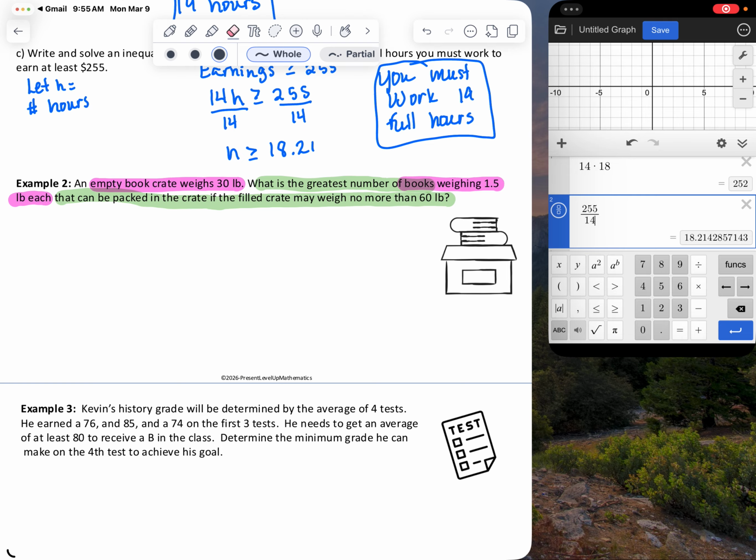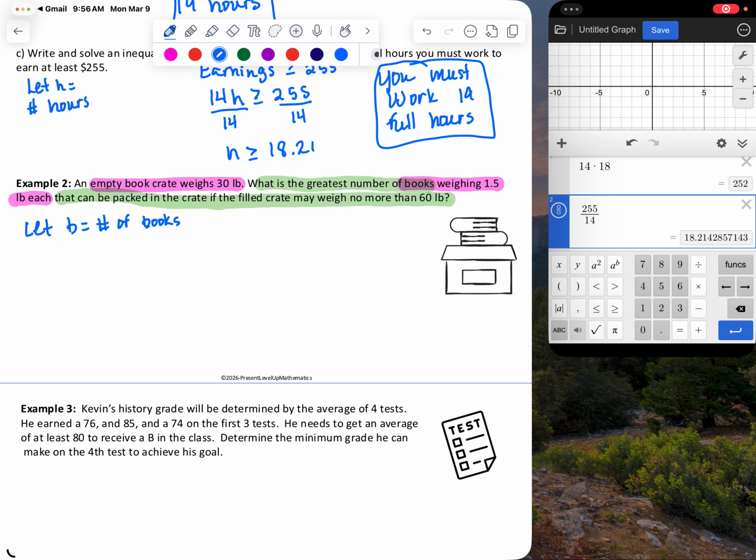So my unknown is, let B equal the number of books that we're going to put in this crate. Okay, that's our unknown. That's what we're trying to find.